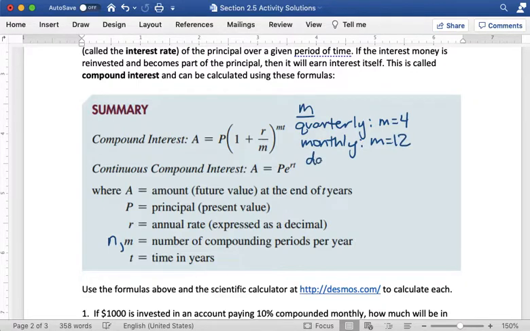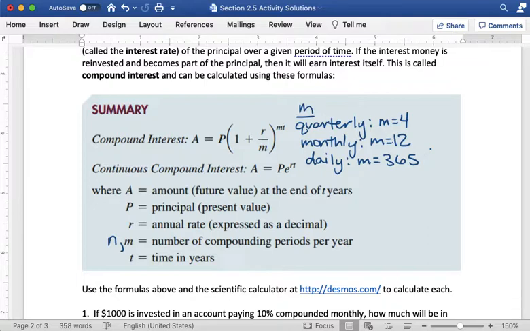Daily would mean that M equals 365, since there's 365 days in a year. You might also see weekly could be M equals 52, or semi-annually would be M equals 2 because it happens twice a year. Annually means just once a year, so M would be 1.